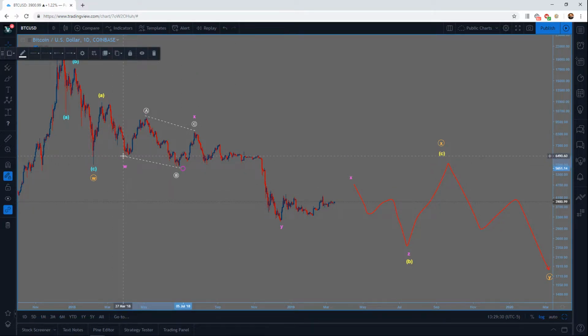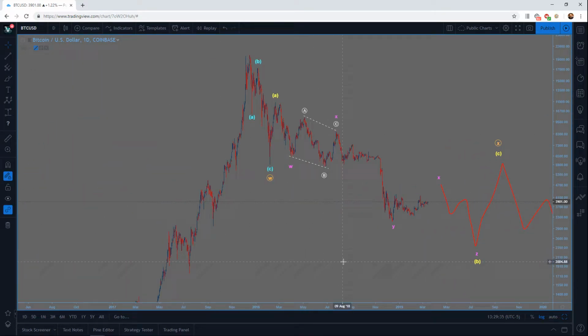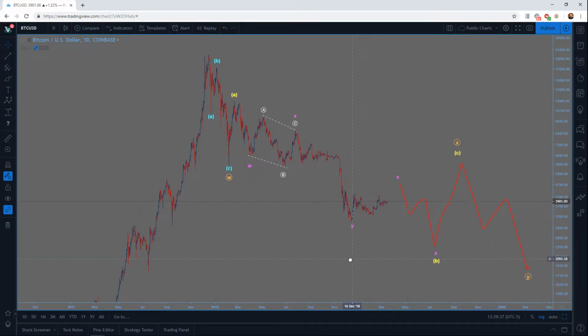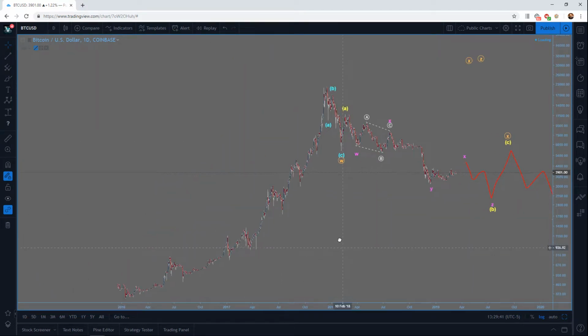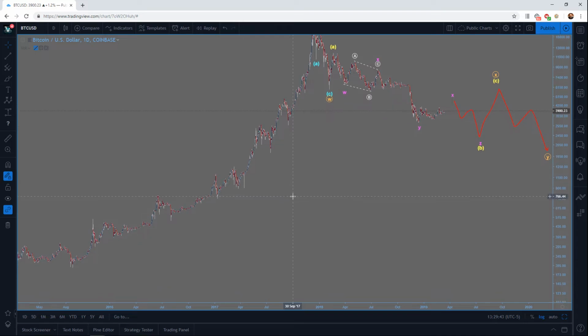So remember, we have several impulses in this entire move, but the move overall is all corrective. We are correcting this entire massive move up.